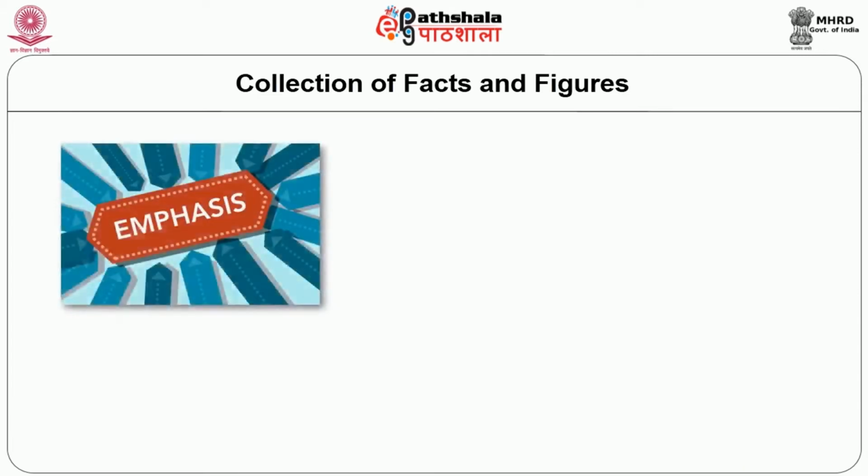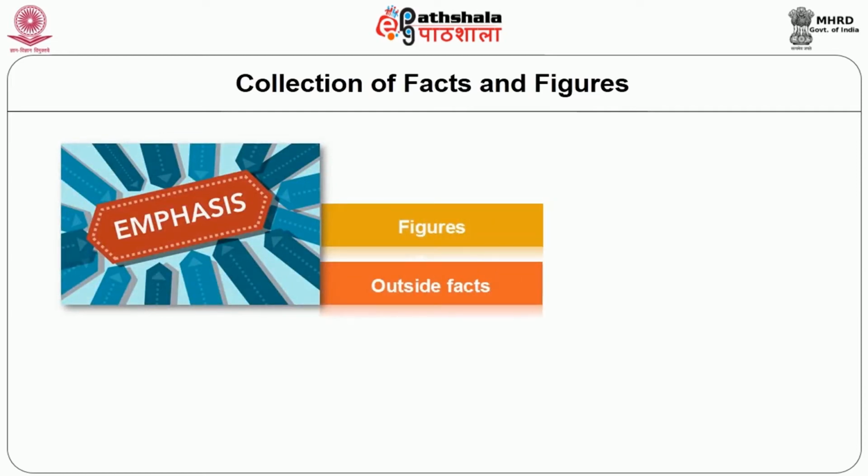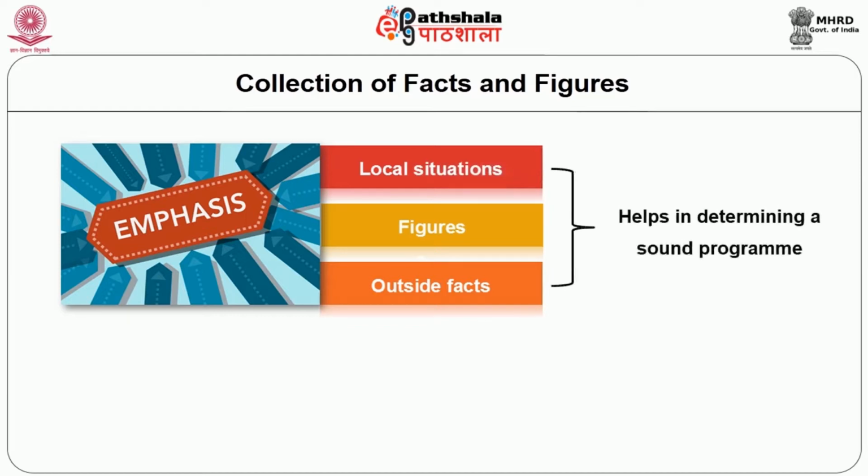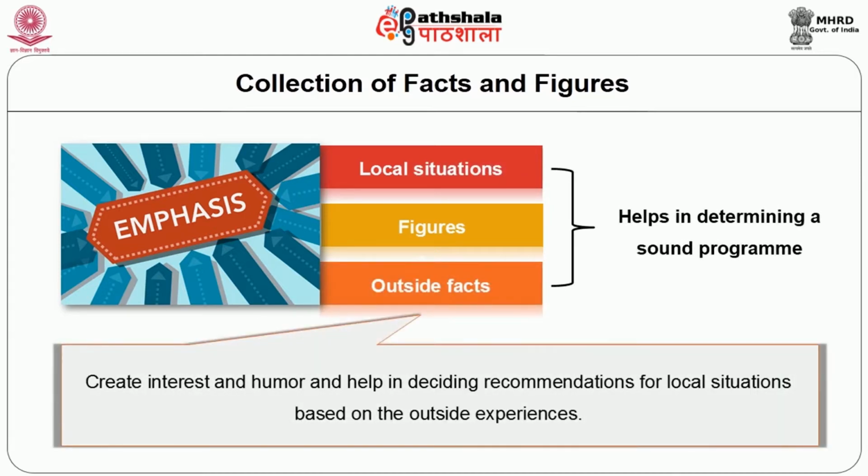The emphasis should be given to outside facts and figures along with the local situation, which helps in determining a sound program. Outside facts create interest and help in deciding recommendations for the local situation based on outside experience.